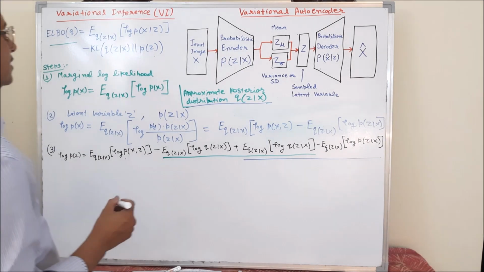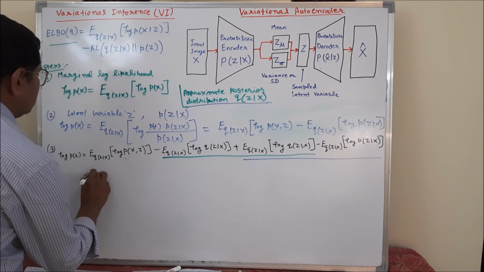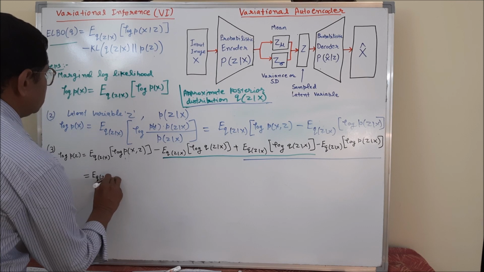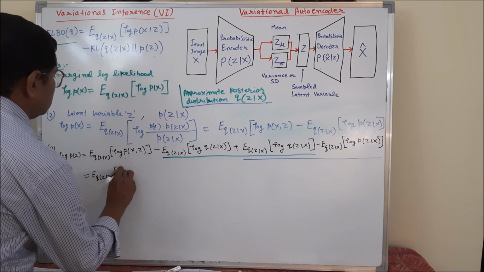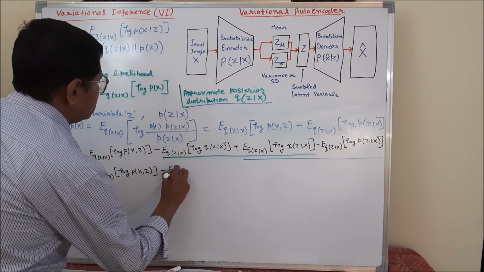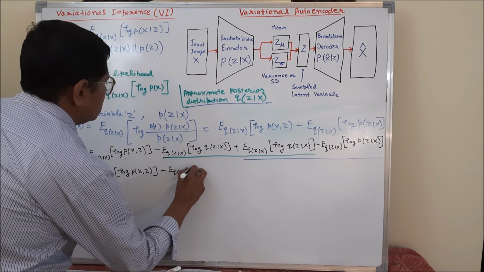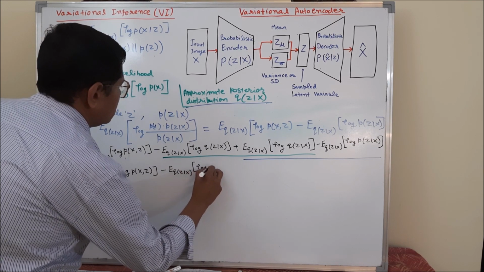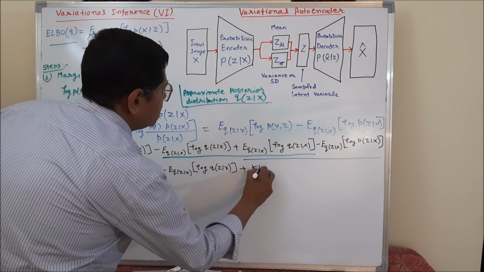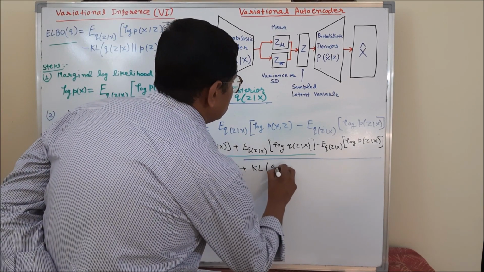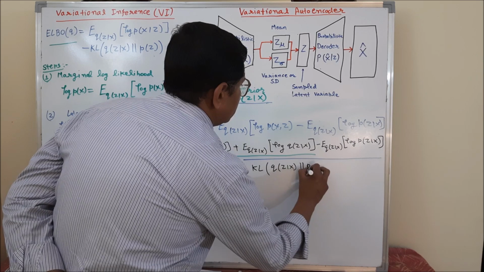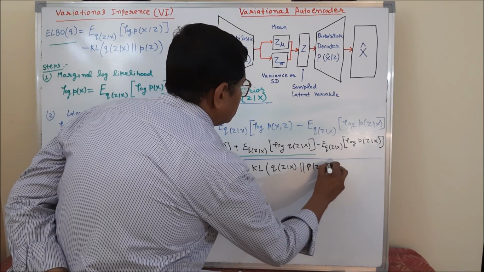So the equation changes to the expectation with respect to the approximate posterior Q(Z|X) of the joint probability, minus the expectation of log Q, plus the KL divergence of Q double line posterior.